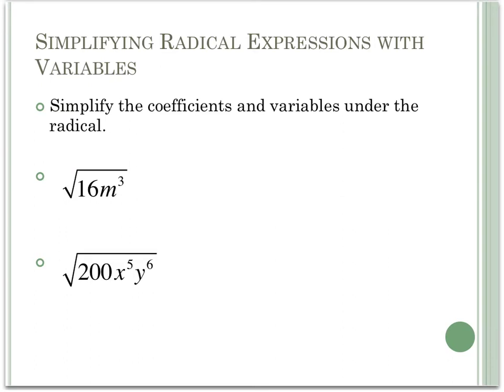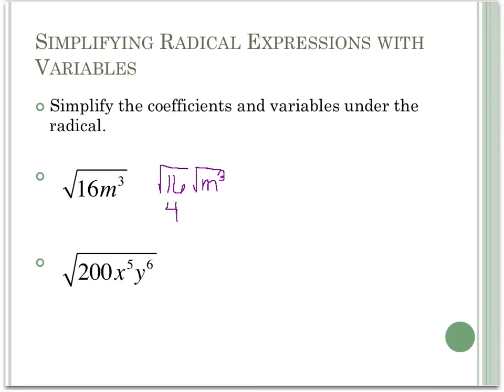So that's how we simplify our coefficients, but now we'd also need to simplify our variables under the radical. And sometimes variables are not going to simplify perfectly. So here we have the square root of 16m cubed. Well, we can rewrite this as the square root of 16 times the square root of m cubed. The square root of 16 is 4.